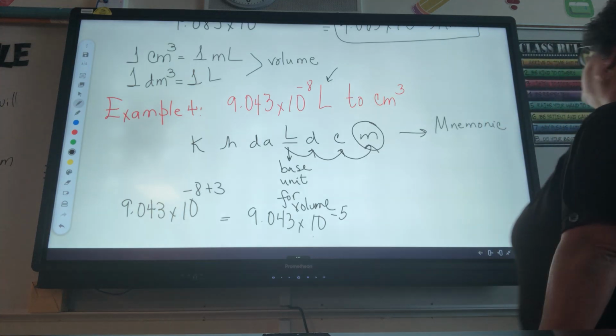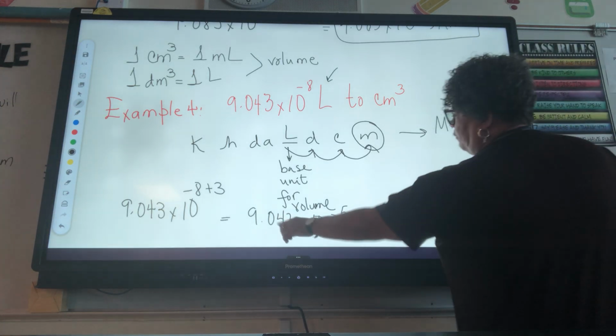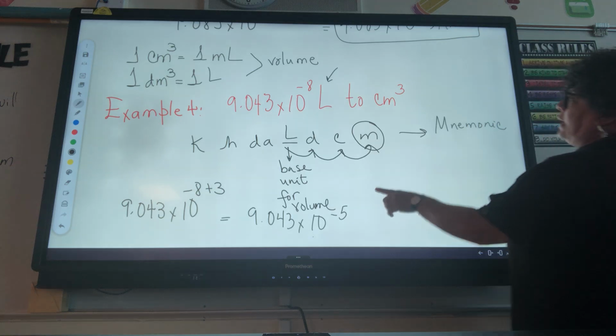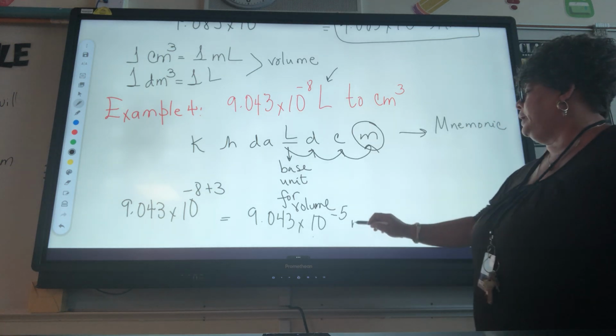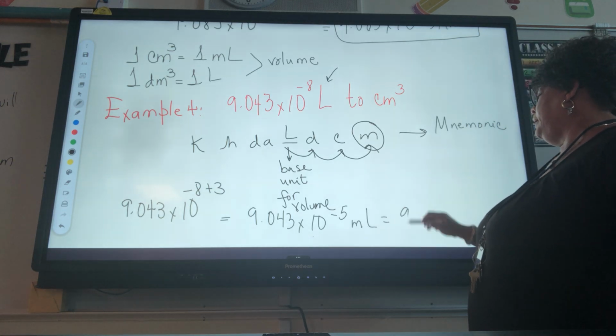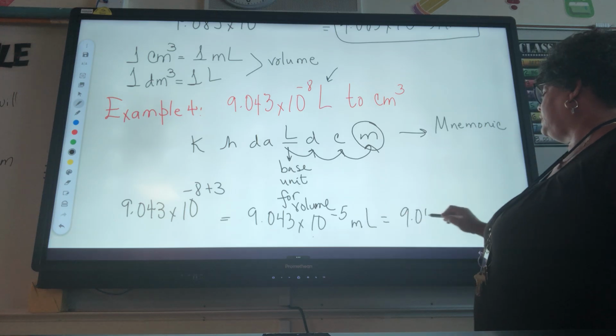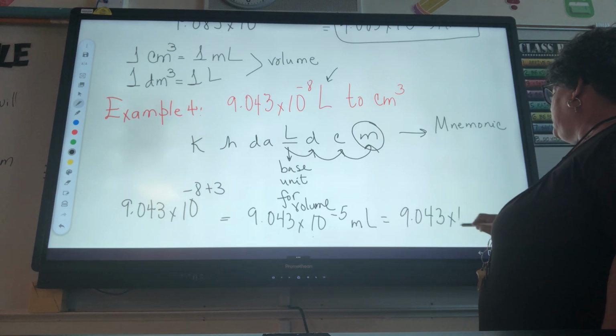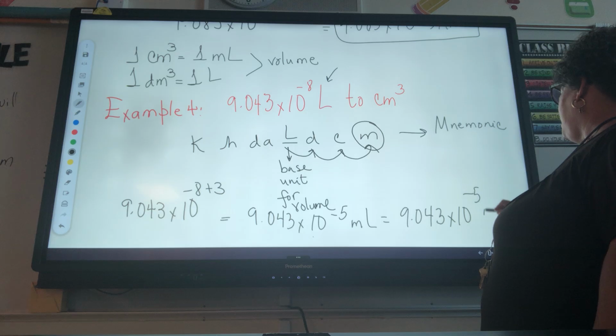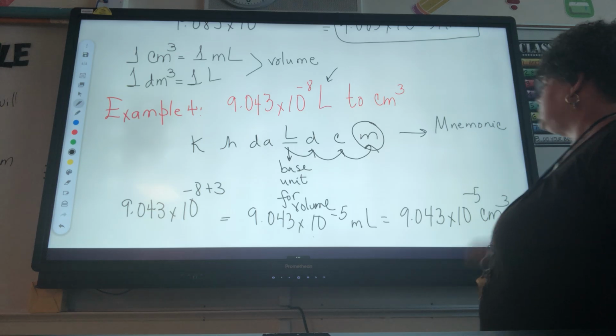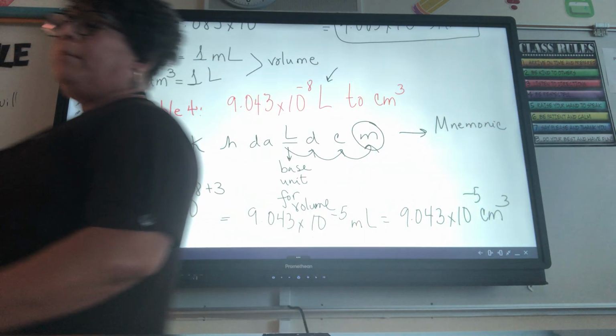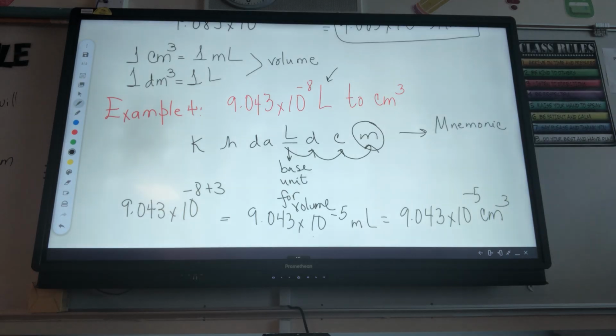Okay, 9.043 times 10 to the negative 5 milliliter. And since milliliters are the same as cubic centimeters, it's the same number. Questions about that?